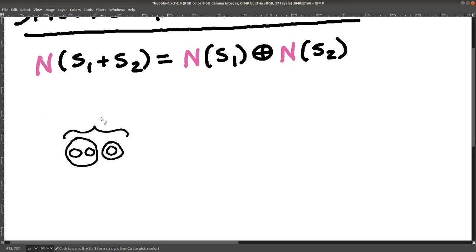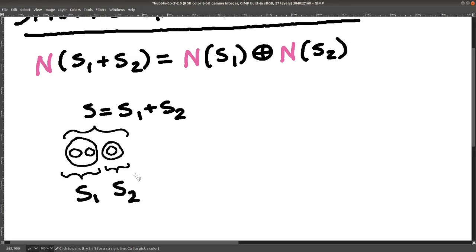All right, let's say this state here. The bubble on the left that contains two smaller bubbles is S1, and the bubble on the right that contains one smaller bubble is S2, and S, the entire state, consists of both of them together. Now, we know, because we worked it out, that the nimber of S1 is 2.